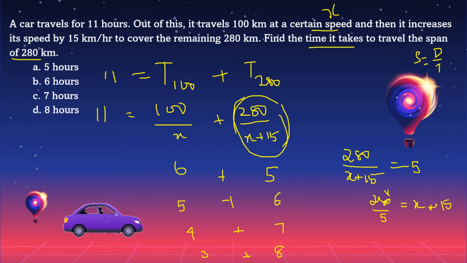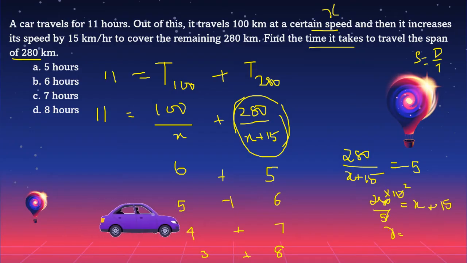I'm just going to take this as 10, so this is 2, and 28 into 2 gives me 56. So x plus 15 will be equal to 56. I am just going to get some answer, but if that answer, when divided into 100, is it going to give me 6?